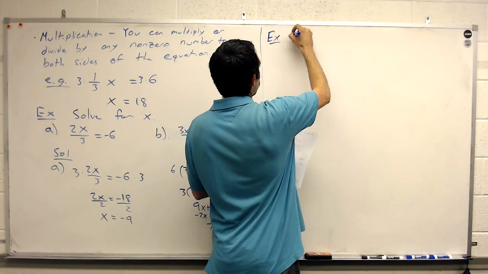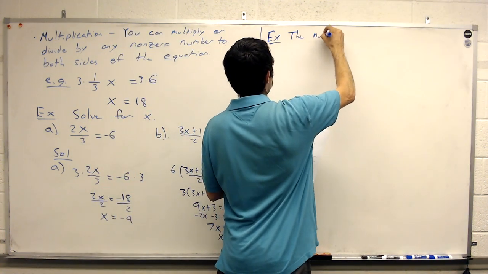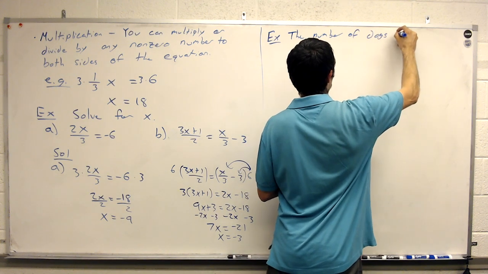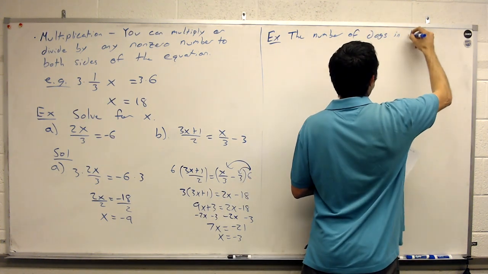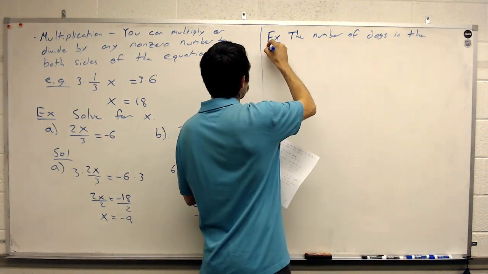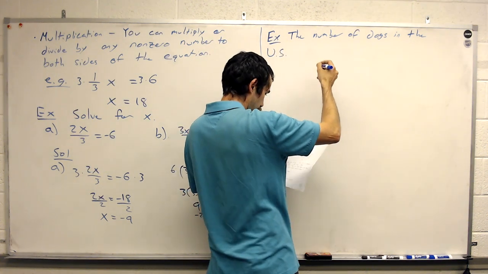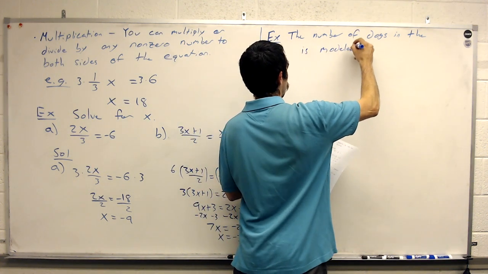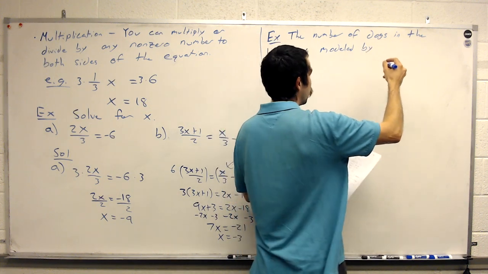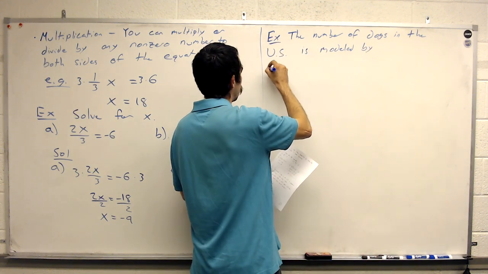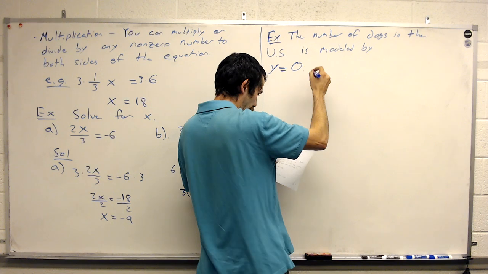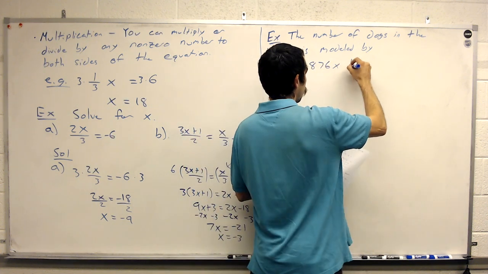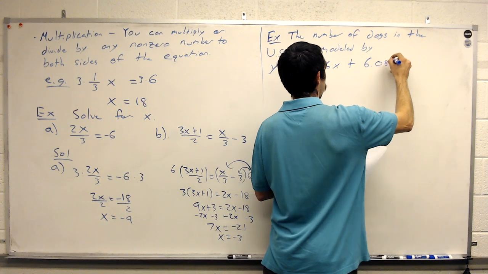So the word problem is the number of dogs in the US is modeled by the equation y equals 0.876x plus 6.084 million.